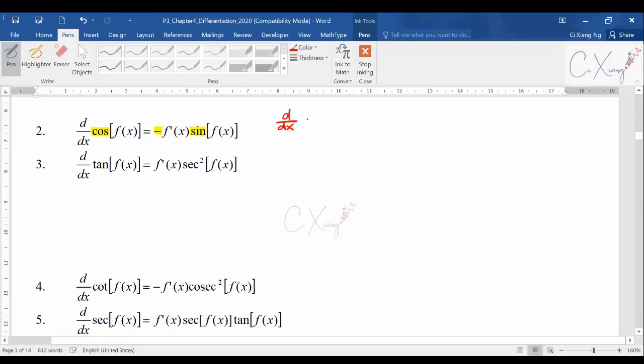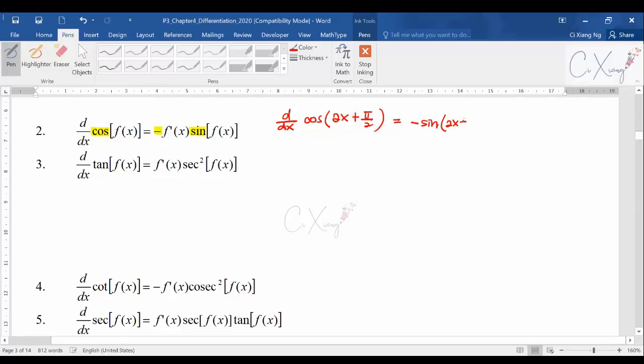If I want you to differentiate cos of 2x plus 90 degrees, or maybe rather than use 90, we use pi over 2. So cos of 2x plus pi over 2, what do we get? Again, differentiate cos, you get negative sine.